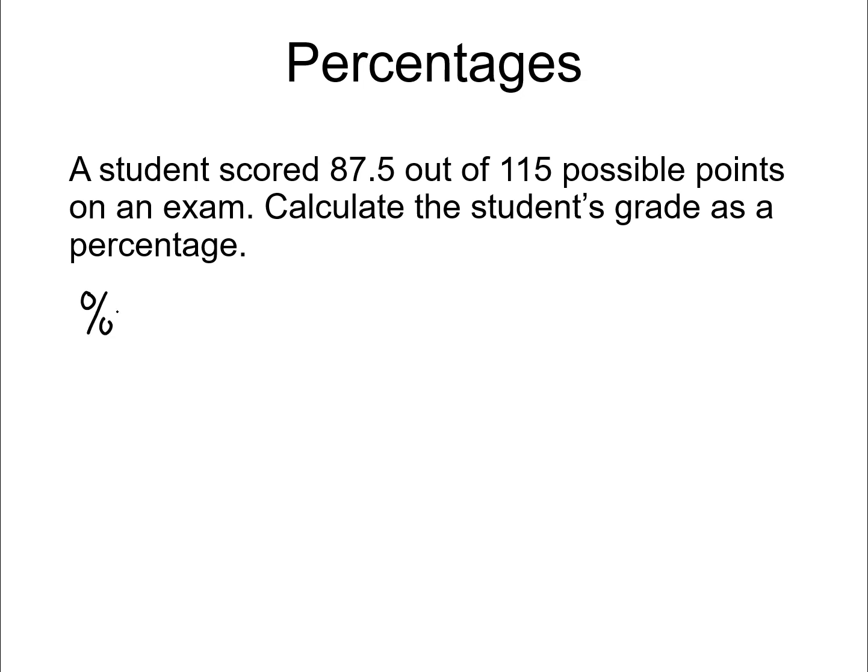When we're talking about percentages, we're talking about a part over a whole times 100%. So if I were going to calculate the percentage for this student's grade, I would take the 87.5 points divided by 115 and multiply by 100%.